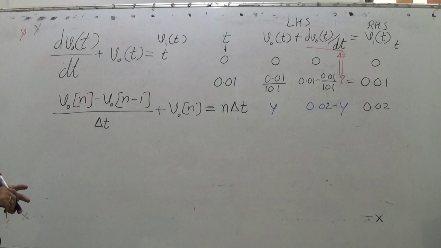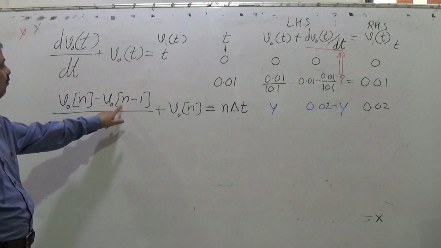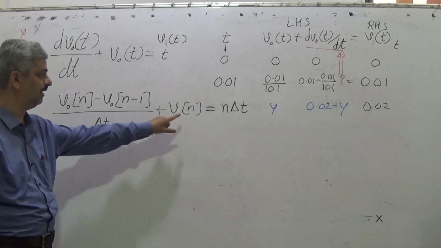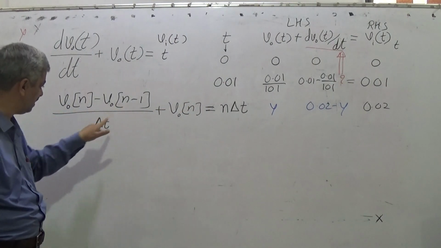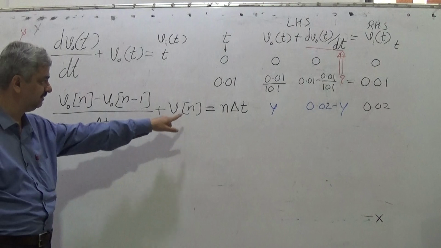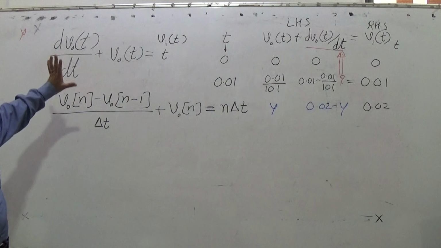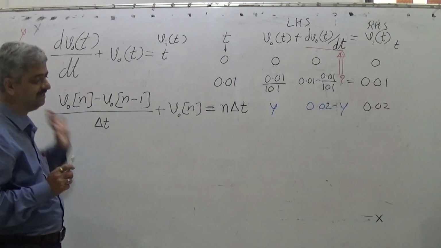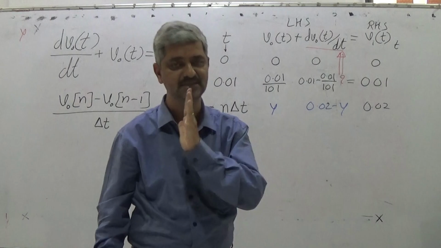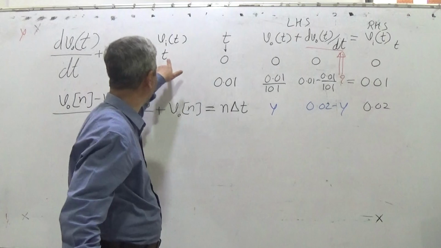So (Vo[n] minus Vo[n-1]) upon delta t plus Vo[n] is equal to n delta t, and with this you can find the answer, and the answer would be very close if delta t is less. The derivative is the current sample minus the previous sample upon the intersample interval.